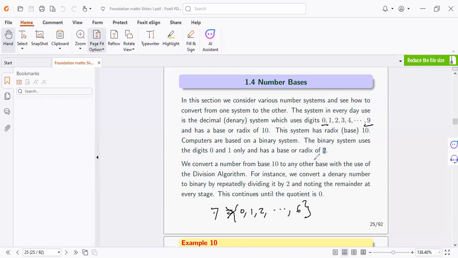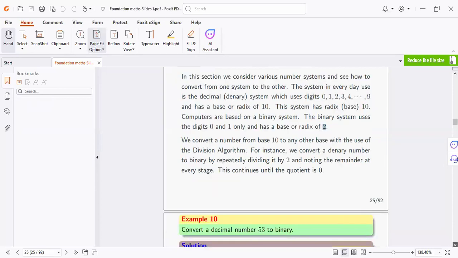So if the base is n, then we'll be using numbers 0, 1, 2, 3, all the way up to n minus 1. But what is important is how you convert from one base to another, and it's very easy.